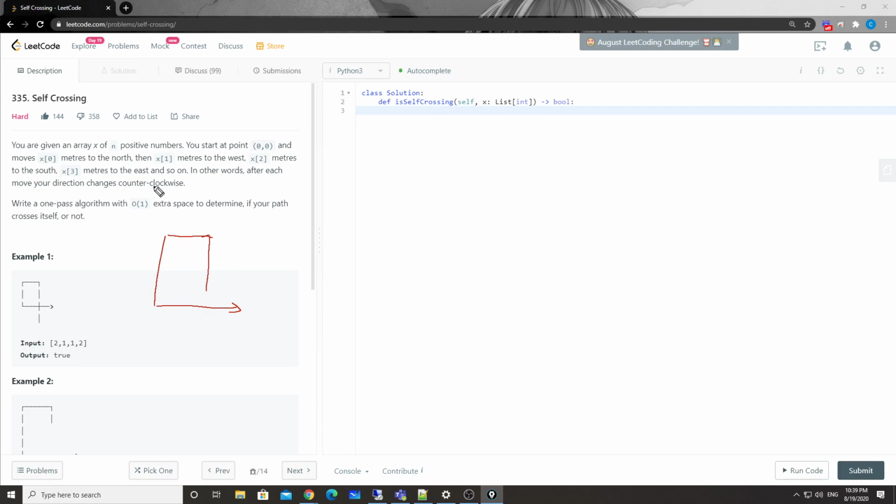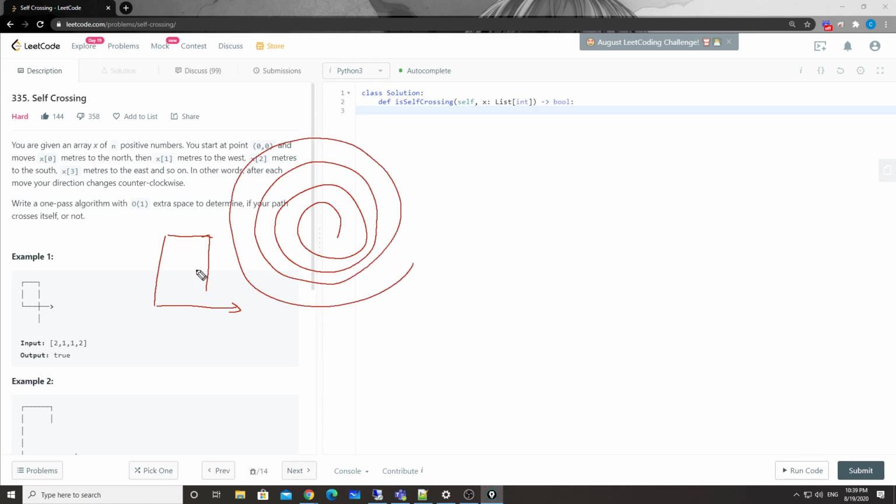Basically, you're going counterclockwise, this way. And the length of the integer is not fixed. These things can go on and on for a very long time, and it asks you to find if there is a self-crossing in this sequence, and write a one-pass algorithm with O(1) extra space.